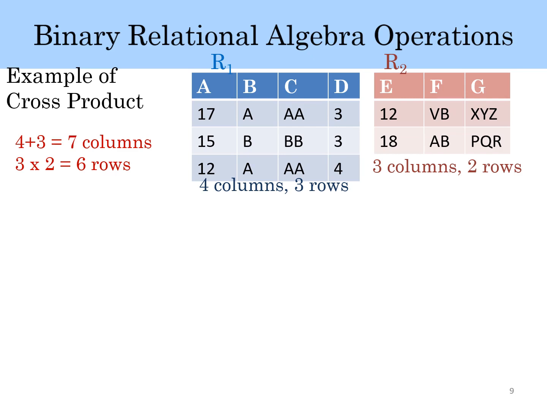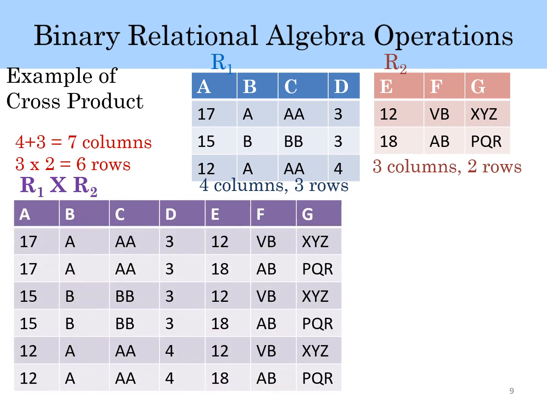Similarly, R1 has 3 rows and R2 has 2 rows. So the cross product will have the product of these two, 3 into 2, 6 rows. So your cross product will be like this. How has it been obtained? Consider the table R1. The first row in R1 is clubbed with all the rows in R2.